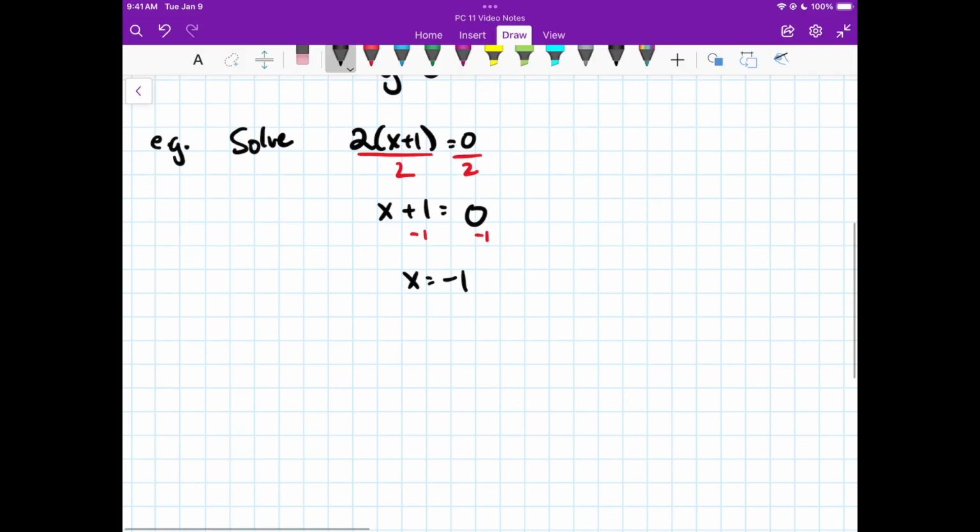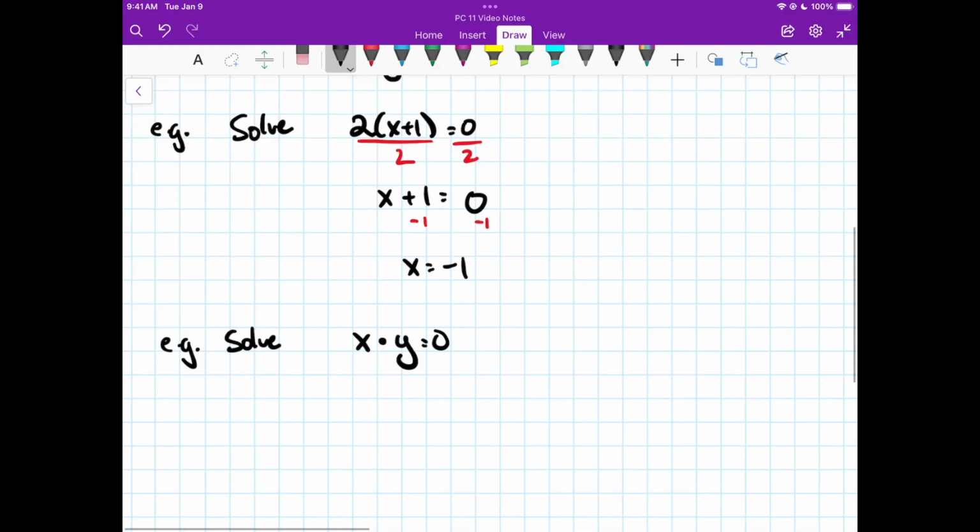So let's extend that a little bit further and say I asked you to solve x times y equals 0. And now we got to think a little bit. So here's the deal. If you're multiplying two things and you're getting 0 from them, what does that tell you about your things?